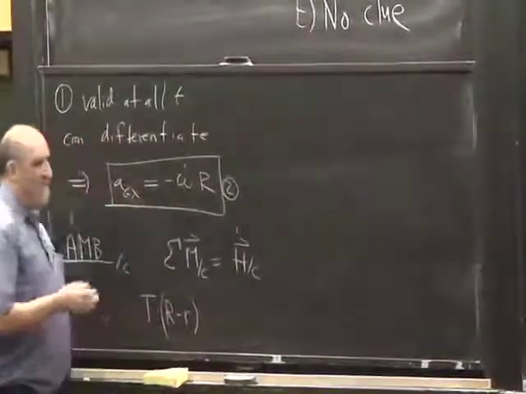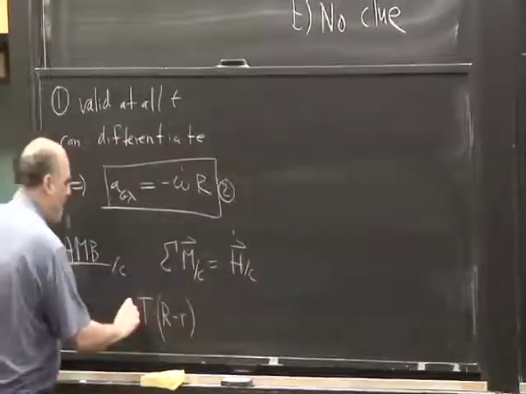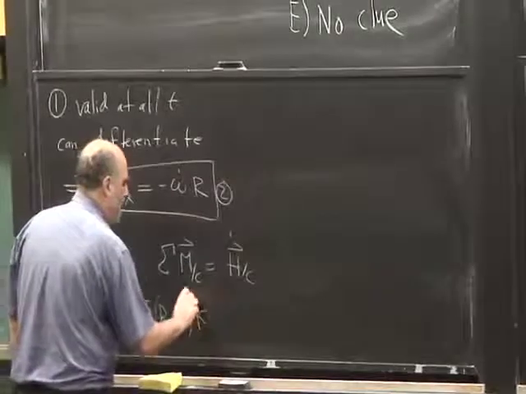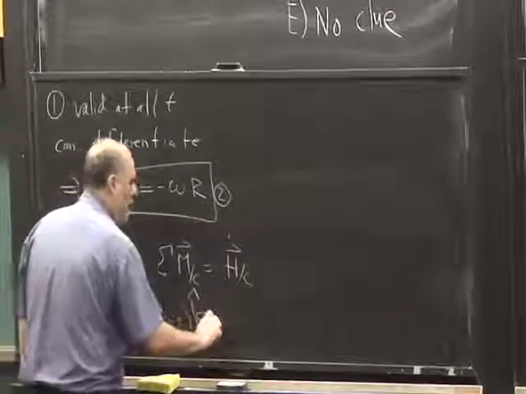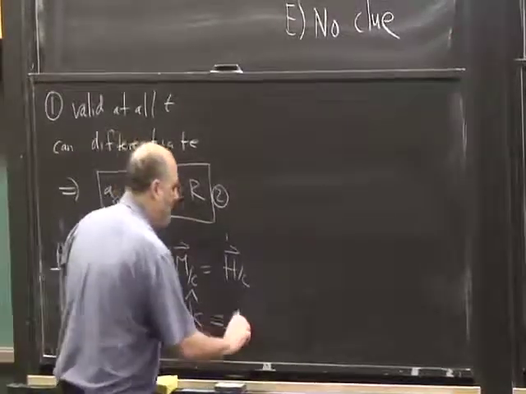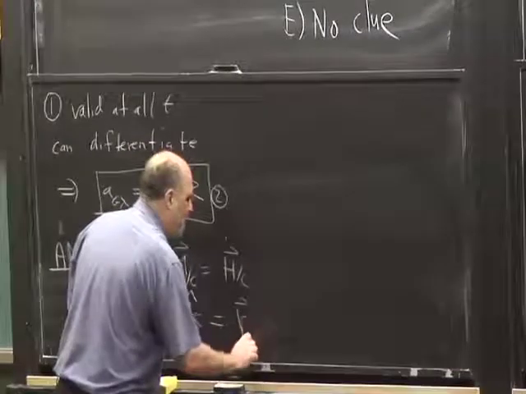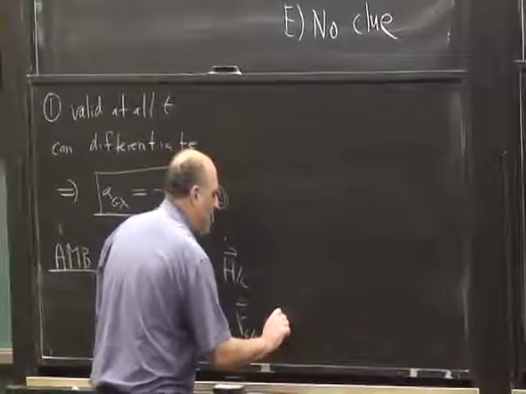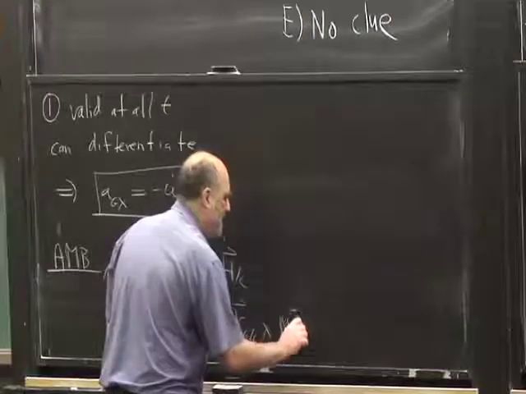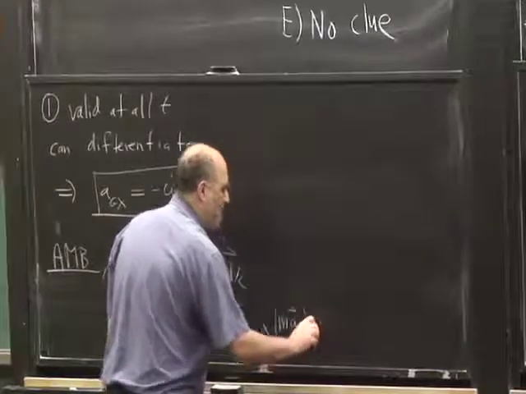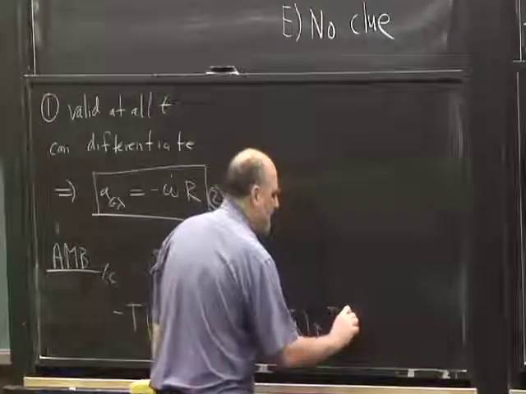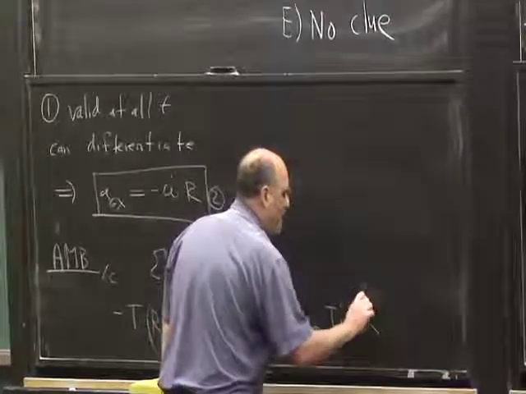And that gives a moment in the minus k direction. And what's the H dot? We have the position of G with respect to C crossed with the mass times the acceleration of G, plus Ig omega dot k.